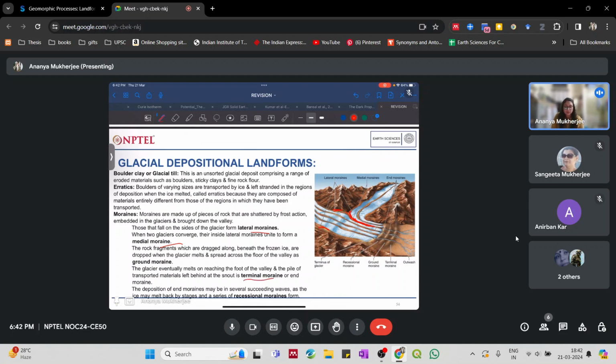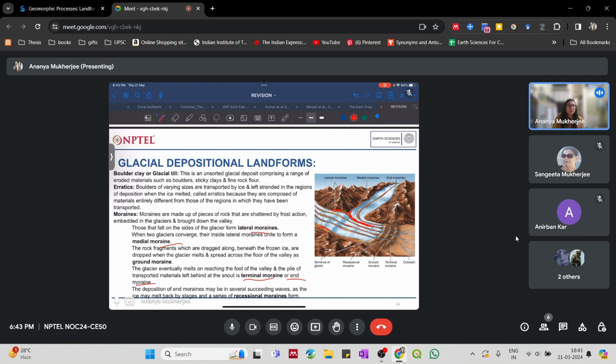Then you have the terminal moraine. These are the sediments that have been left behind at the snout of the glacier. At the end of the glacier, which is why they are also called end moraines. Then you have recessional moraines. This is a type of terminal moraine, but it can occur at different stages of melting of the glaciers.